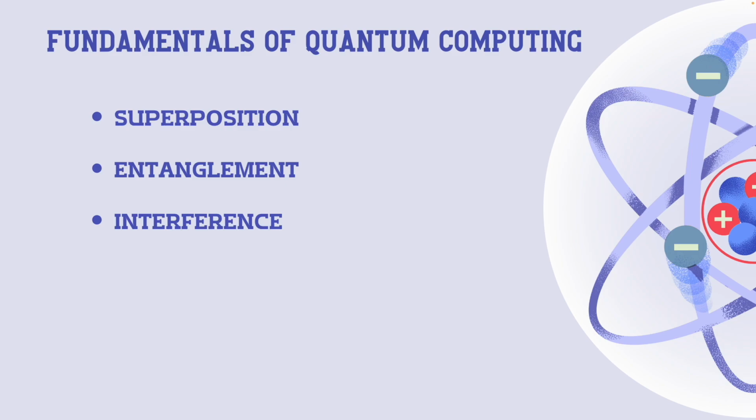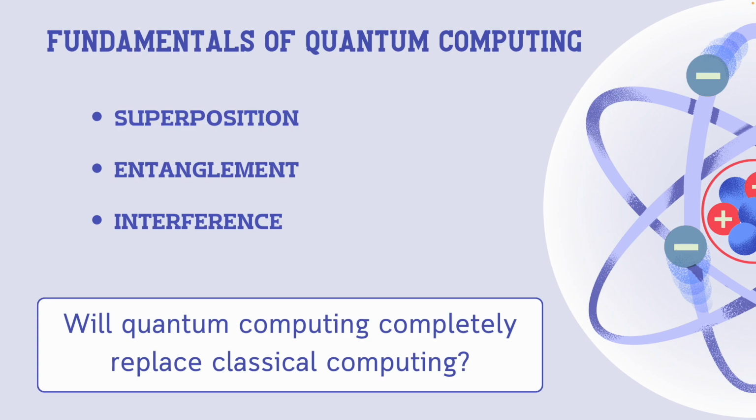With the exponential computational power that these characteristics give to quantum computing, the question is, will quantum computing completely replace classical computing? The current answer is no. Quantum computing is unlikely to fully replace classical computing.